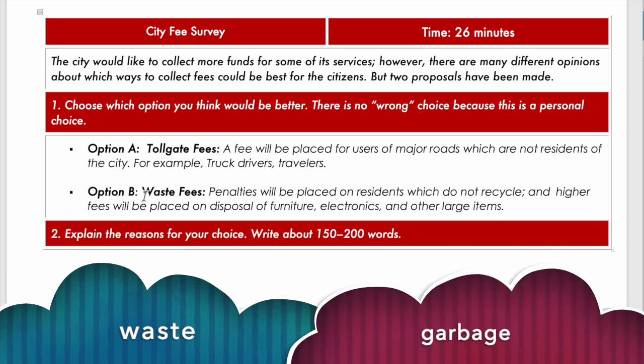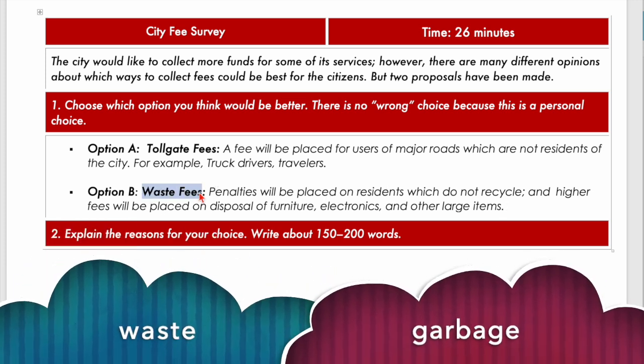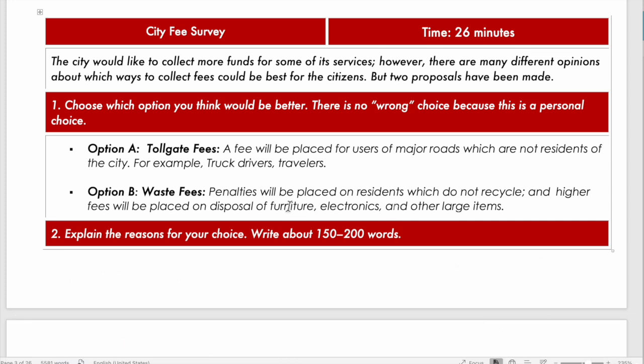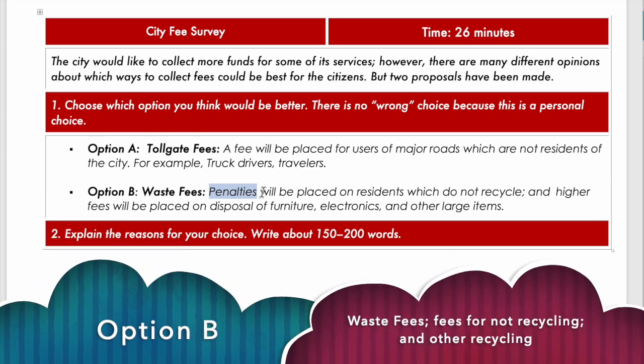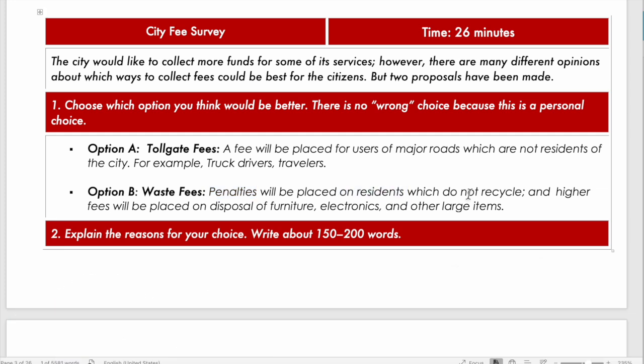So, waste is like garbage, okay? But here it says there will be penalties or some kind of ticket. You pay extra for residents who do not recycle. So if you don't recycle, then you have to pay a penalty.